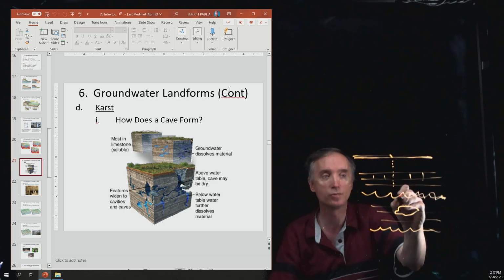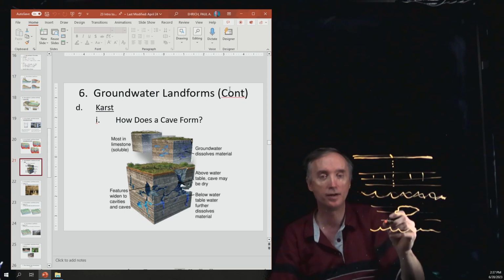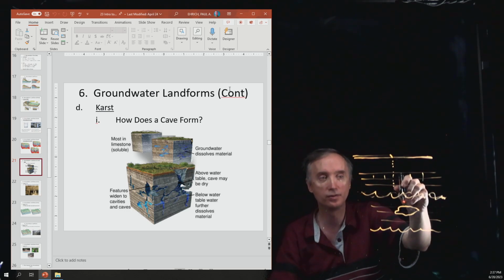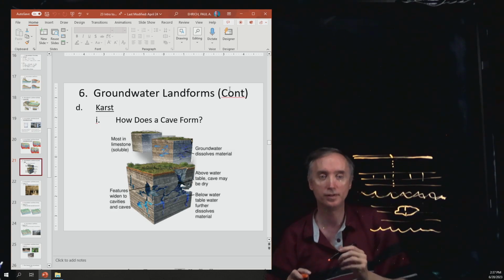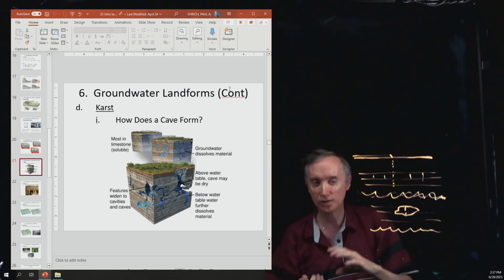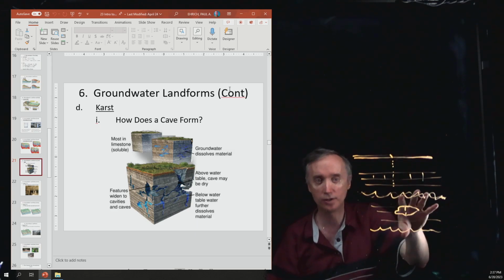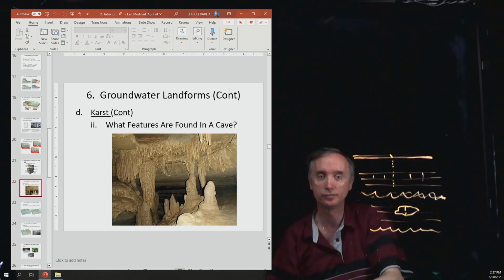So let's get rid of this water table. Okay, now water can still drip into the cave, and it will make stalactites, and it's going to make stalagmites inside the cave. So know the process by which you make a cave. You should also know about pillars and flowstone, some of the other features that you find inside of a cave.